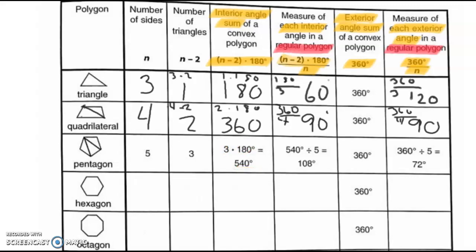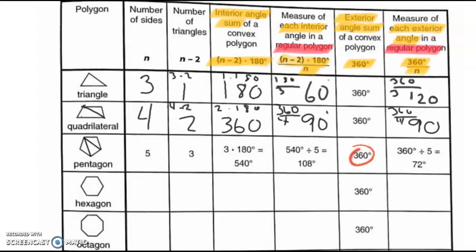So all of the angles in a pentagon add up to 540. For the measure of each interior angle, I take that 540 and divide by the number of sides, which is 5. And that gives me 108. So each one of these individual angles inside the pentagon are 108 degrees.